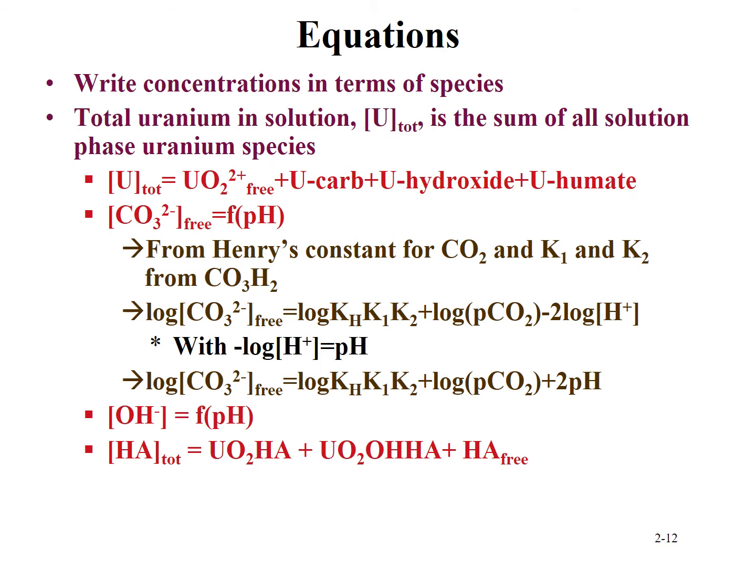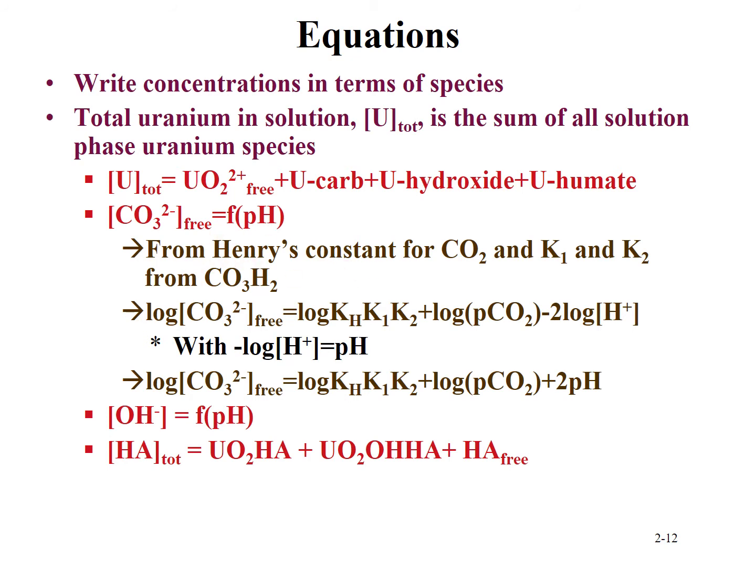Since carbonate is a function of the speciation, we also need to know something about the carbonate concentration. We can actually get the carbonate concentration as a function of pH. If we utilize Henry's constant for CO2, in other words, if I know how much CO2 is in the gas phase, Henry's constant will tell me how much goes into an aqueous phase. That'll form carbonic acid.